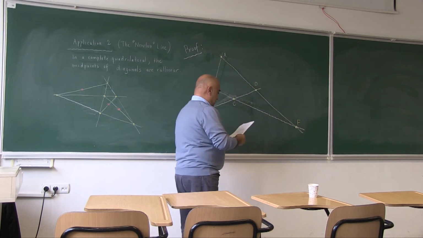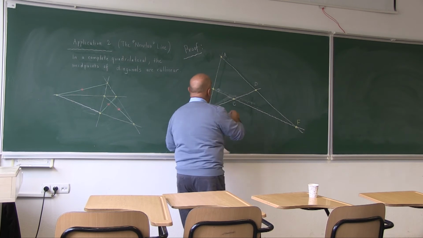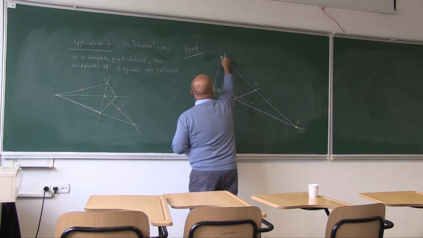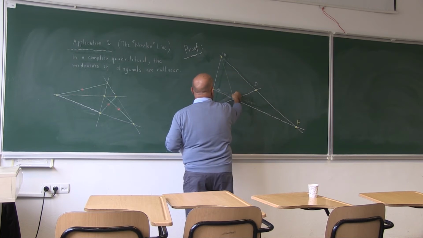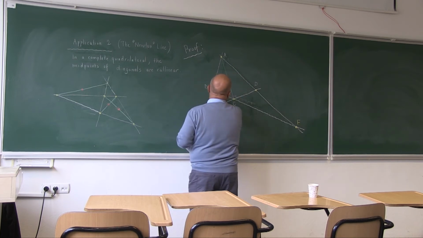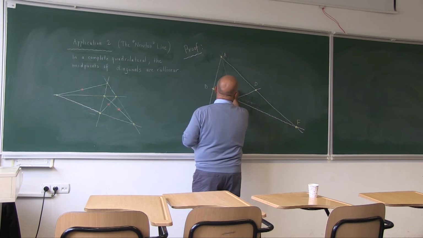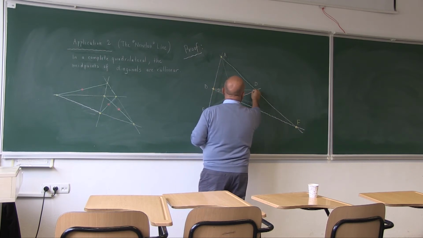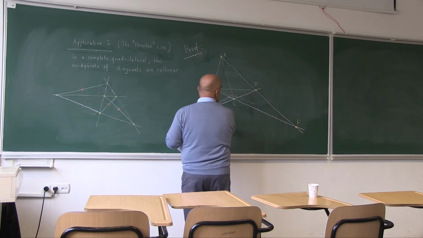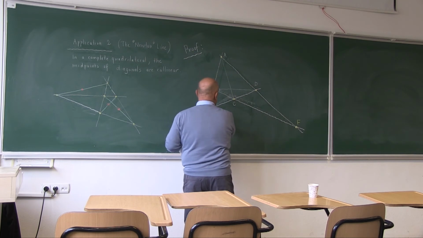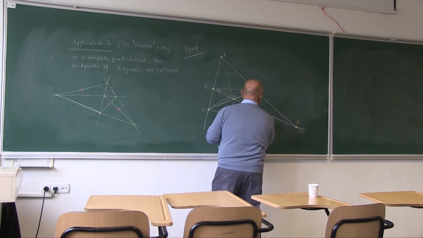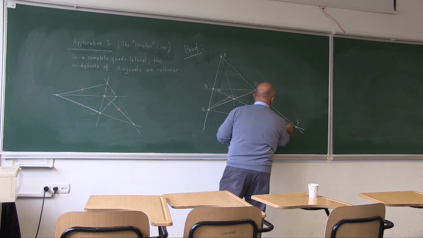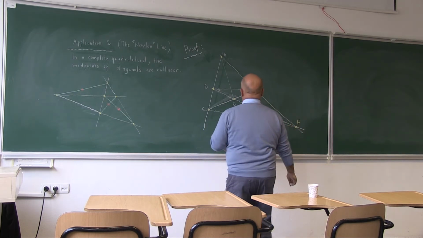And the diagonals are, of course, the diagonals joining the non-adjacent vertices: AC and BD, and EF. It's not easy to get a good configuration. I'm being very careful, but you don't always get a very good picture.